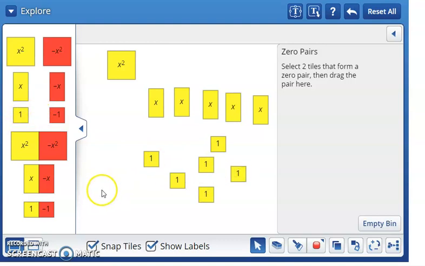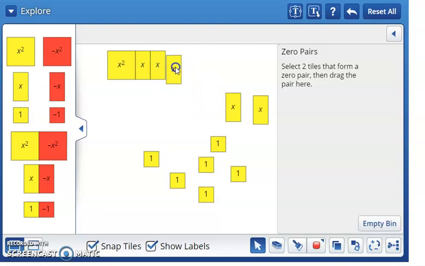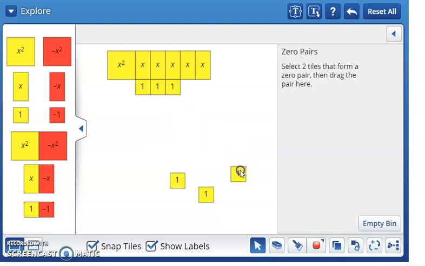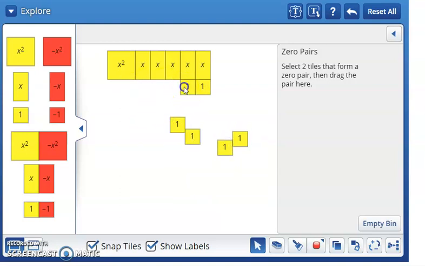Obviously I put those there, put them here, and then I put my 6 here, and I take a look, and obviously it's not a rectangle. So you're going to play with these until you figure out what's going to work here and what's not.